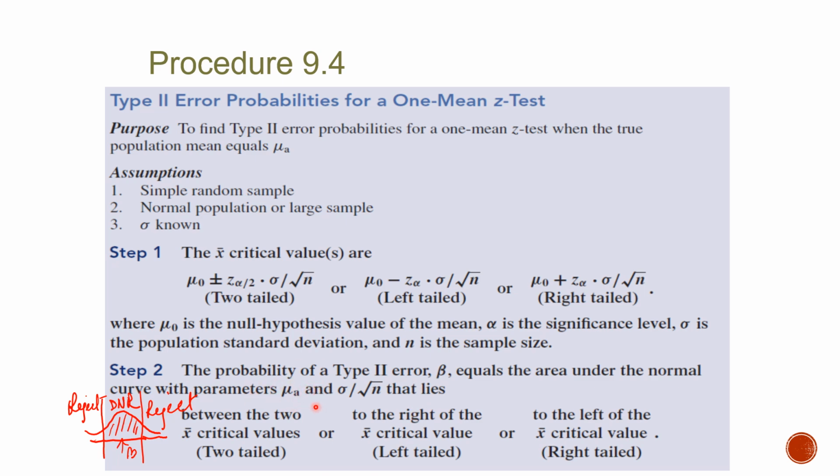All right, so we have to find the z value corresponding to the new alternate mean, and we went through that exercise. I explained that in the previous slide. All right, you may want to just go and revisit it if you're not too sure about it.